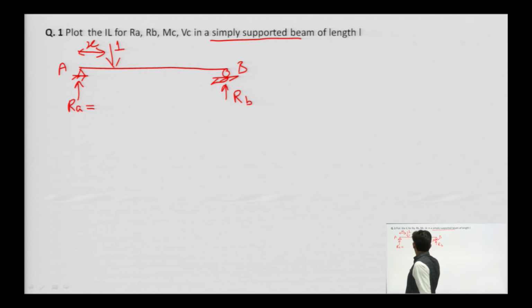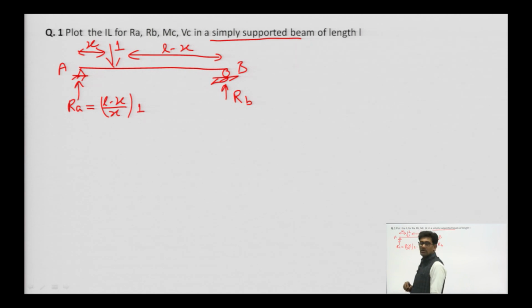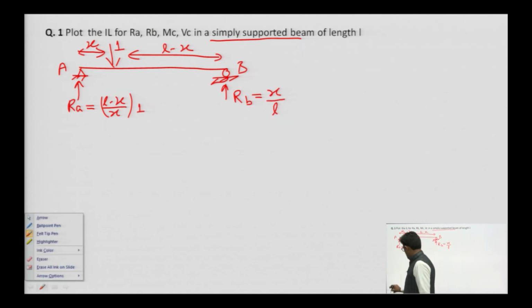If this is the length L, then this other length is L minus x. So, what will be the value of RA? RA will be (L minus x) by L times 1. And what will be the value of RB? RB will be x by L. We made a mistake here.